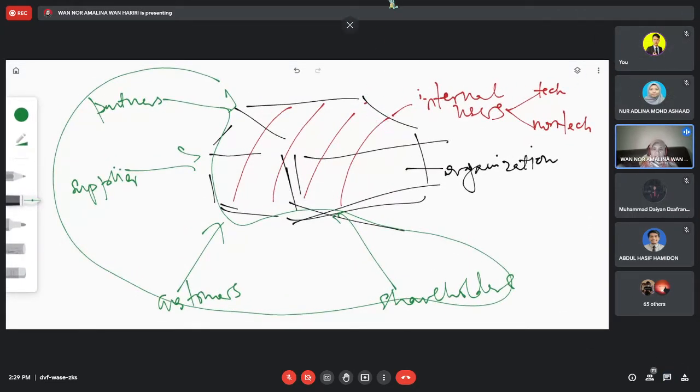For instance, let's say the organization is Maidin. So who are the internal users of Maidin? Can you name several internal users of Maidin?